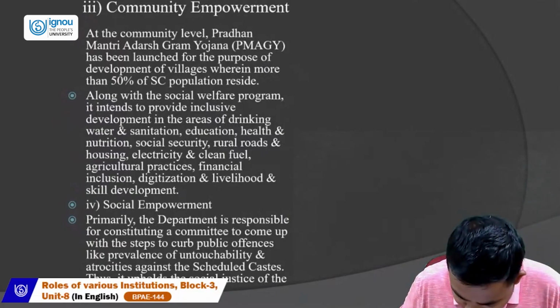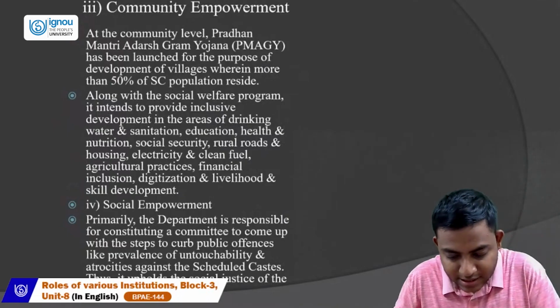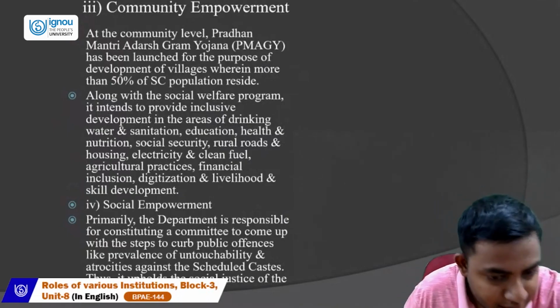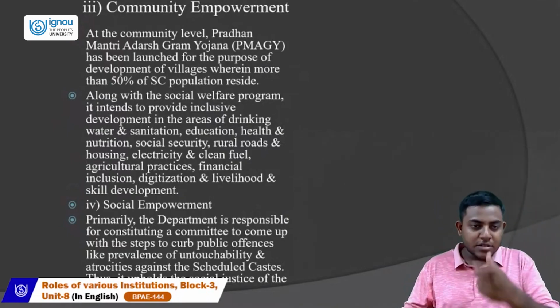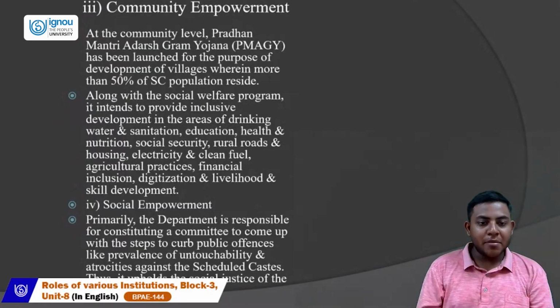And regarding sustainable development goal 6, that is, ensure availability and sustainable management of water and sanitation for all, that is also being achieved by these welfare programs of community empowerment.